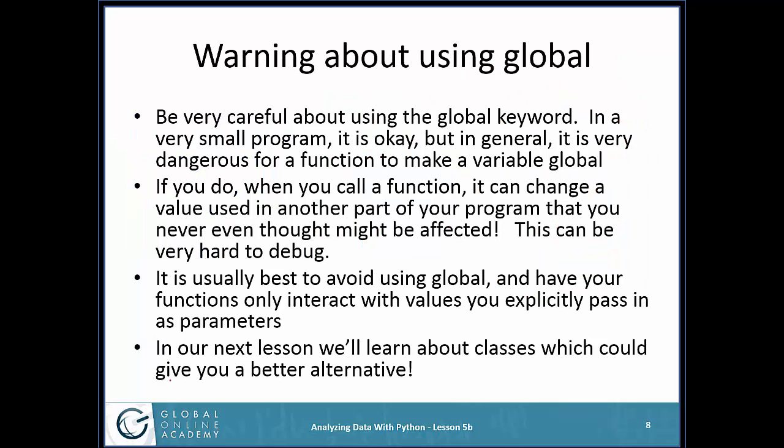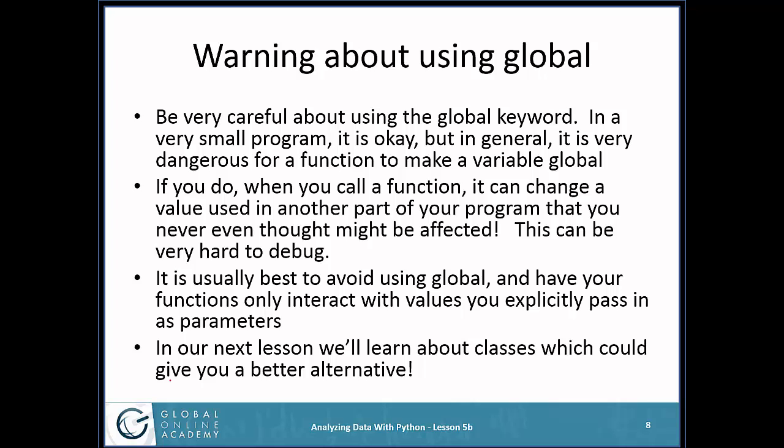But it's dangerous. Warning, do not use global too much. Be very careful about using the global keyword. In a very small program, it's okay, because you're going to understand what you're doing, what all your variables are. But in general, it's very dangerous for a function to make a variable global. If you do, when you call the function, it can change a value used in another part of your program that you never even thought might be affected. Your program might be several hundred lines long. You might be using 20, 30, 40 variables.